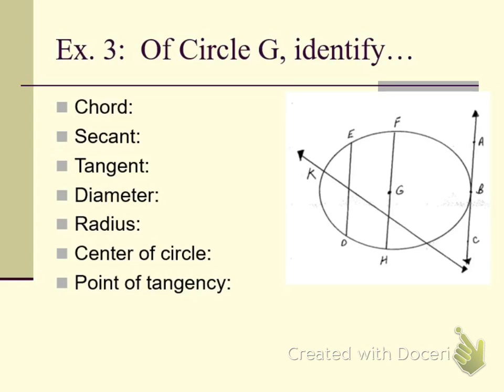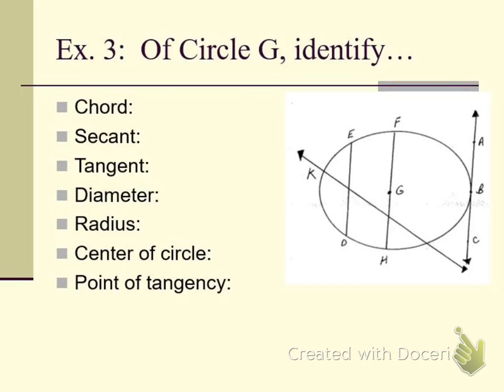The last thing I want to mention is that this line here that's got a K next to it, it's not talking about a point, it's naming that line K. So just the whole name of it is K. So when you want to refer to that, I would just write line K. Everywhere else that they put letters, those were all points. But K is not talking about a point, it's just talking about the whole line.